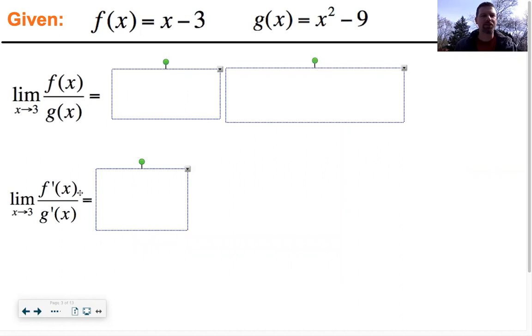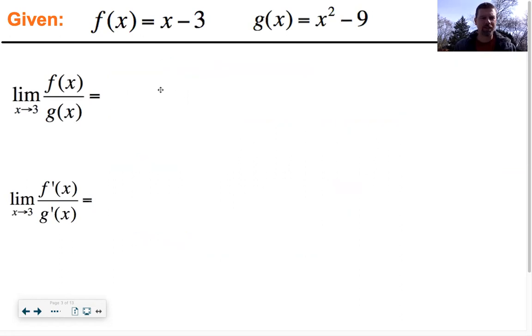So here's an example. If f of x was x minus 3 and g of x was x squared minus 9, and I wanted to find the limit of f of x over g of x as x approached 3, that would be this. F of x is x minus 3, g of x is x squared minus 9.